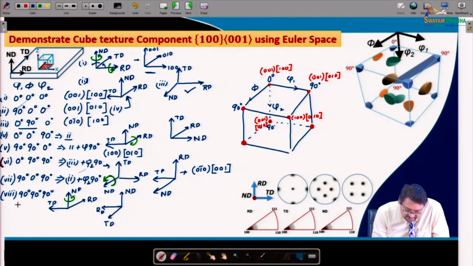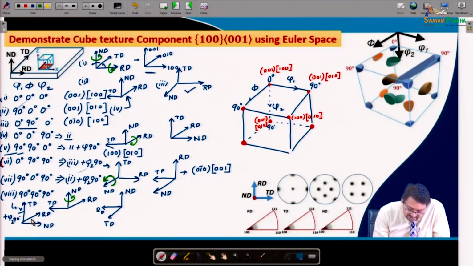So, in order to do so, we can take the 5th solved axis, which is basically N d, R d and T d, and then rotate the 5th one by phi 2 equal to 90 degrees. So, what we are doing, basically we are taking the N d here and rotating it like this using the right hand thumb rule, so that the N d remains the same, right.